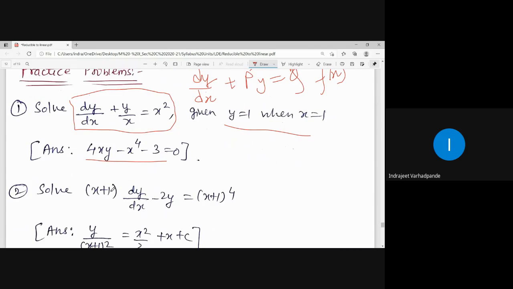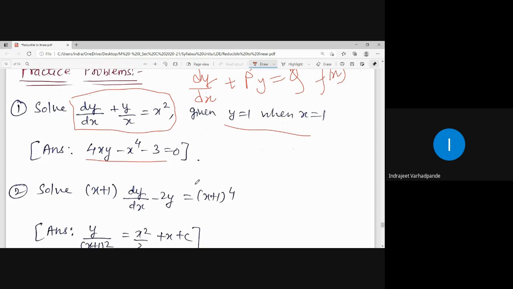Take the second one. Solve x plus 1 into dy by dx minus 2y is equal to x plus 1 to the power 4. What can be done?